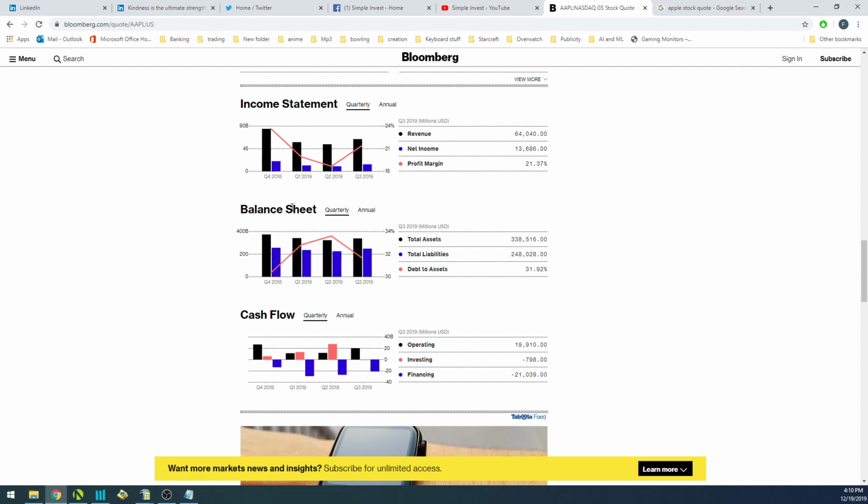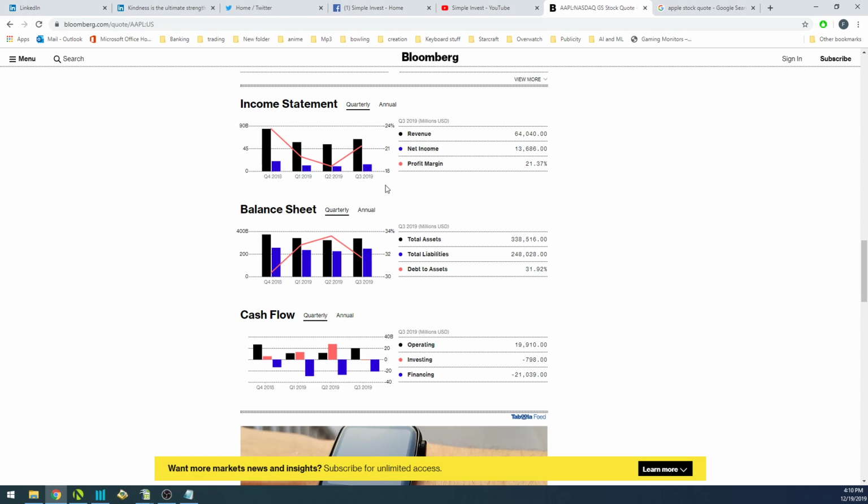Their income statement, balance sheet, and cash flow. In this mode, there are the quarterly statements, that means for Q3 this year. You can see the black is their revenue, where the blue is their net income, which means after removing the expenses involved from the revenue.